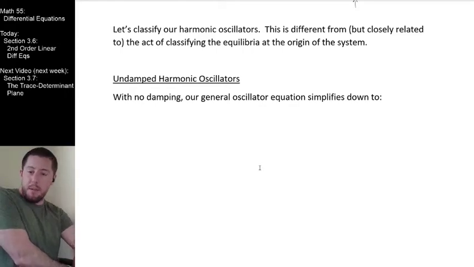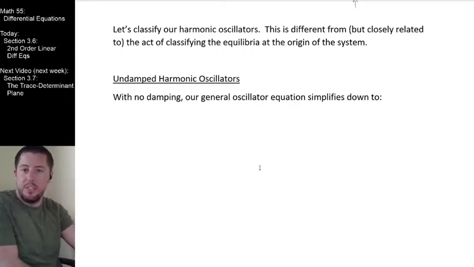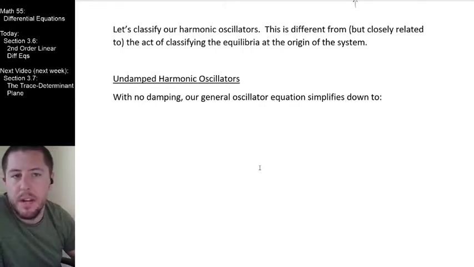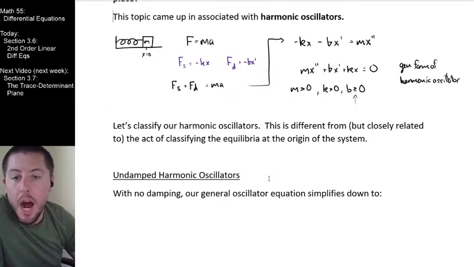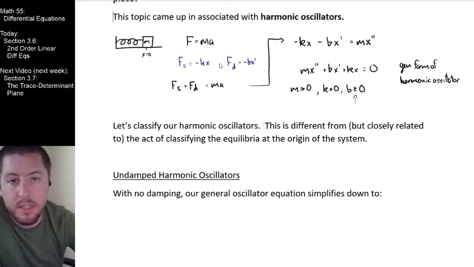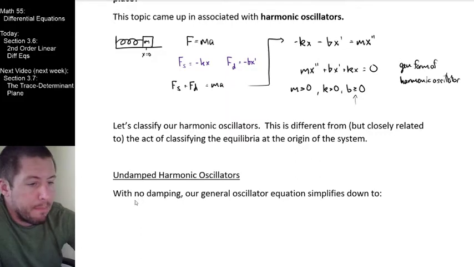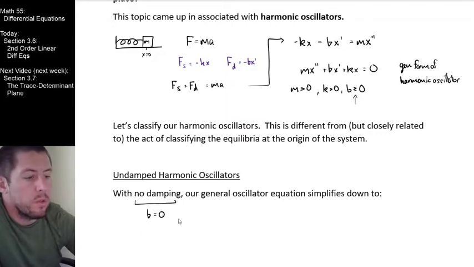This is different from, but very closely related to, the act of classifying the equilibria at the origin of the related system, of the equivalent system. So the first one, the easiest one, is the undamped harmonic oscillators. There's no damping force, and remember that our damping force is the b term. This is how much damping there is. So no damping says to me b equals 0.